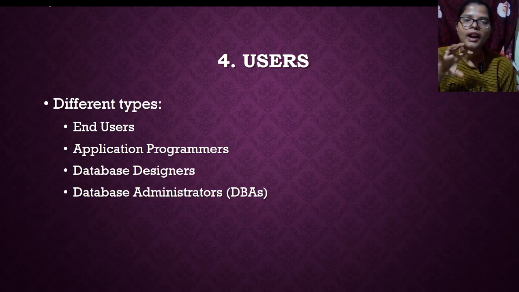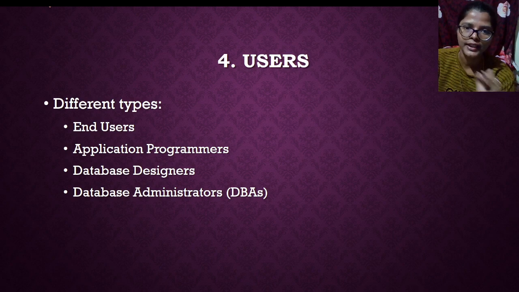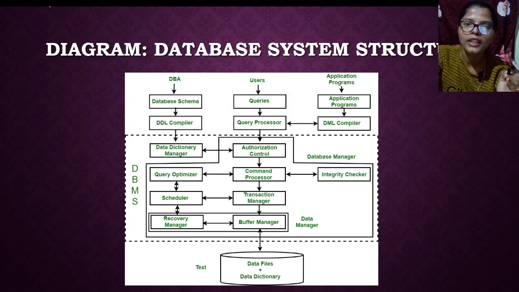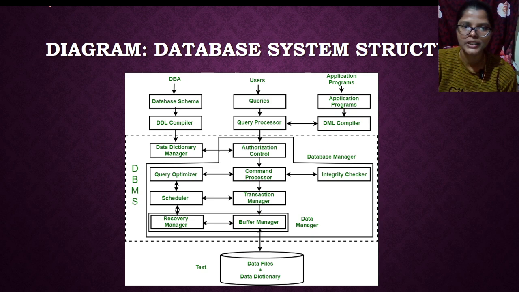The administrator is responsible for everything, maintaining, storing and managing the data. We can call them the owner of the data. So all these parts make up the structure of the database system, give the best result, and store the data efficiently.